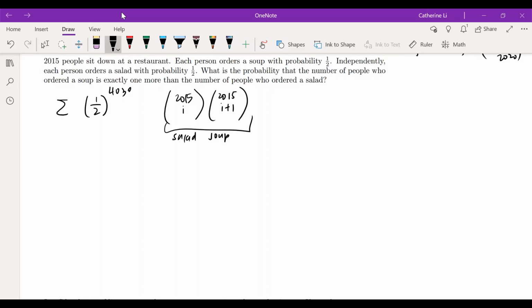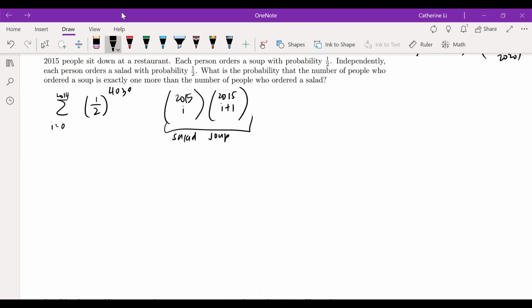Yeah, so this problem, we can either try to just leave these combinations as they are, or we can do a clever manipulation on them to make it easier to evaluate. So for this, I is going to go from 0 to 2014.